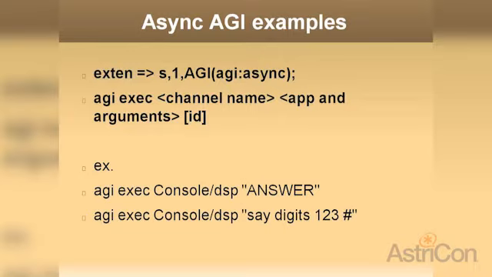Based on that, Asterisk answered my channel, then I'm doing a SayDigits 1, 2, 3 on that channel. All this was typed manually in the CLI. That could be useful sometimes to do some dynamic stuff. If you want, it's possible to do. To be honest, I'm not a big fan of async. I prefer synchronous because it leaves me perfect control of my system.